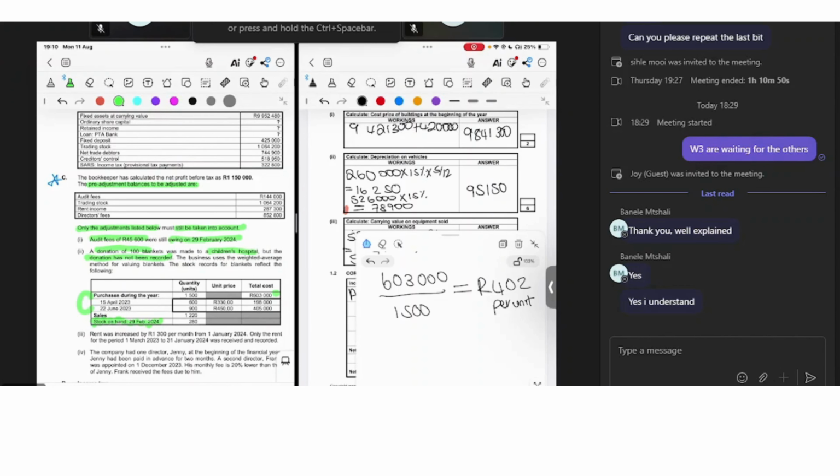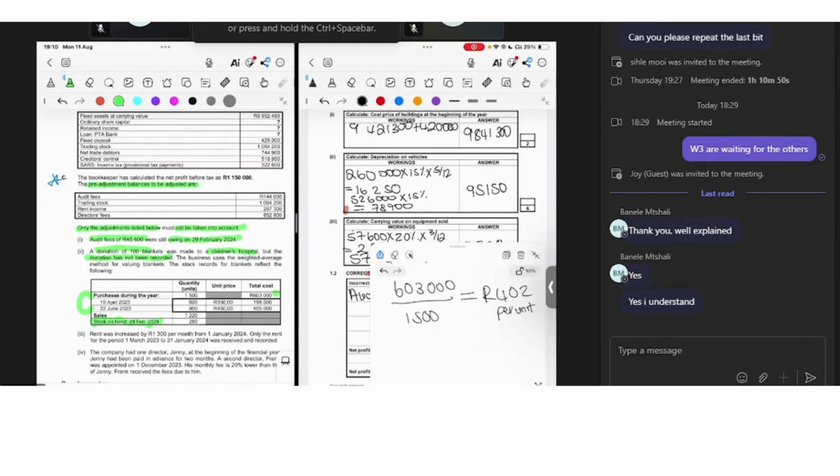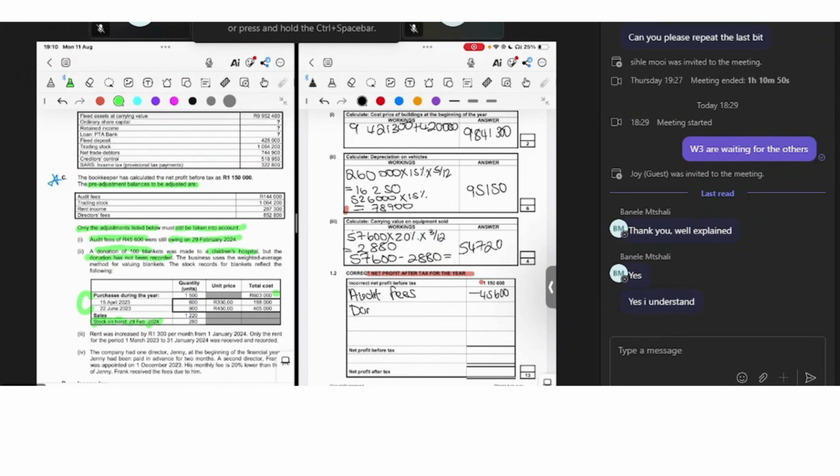So now that we have the per unit price, we can calculate what our donations will be. The donations will be 402 times the 100 blankets. That will give us the cost of the donated blankets. Now, remember, it's an expense.